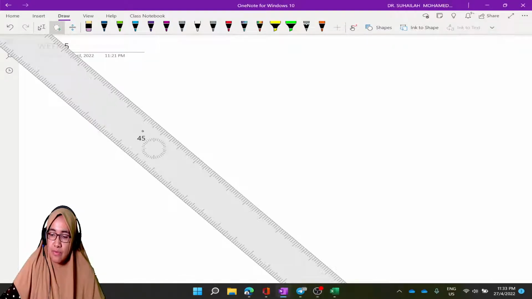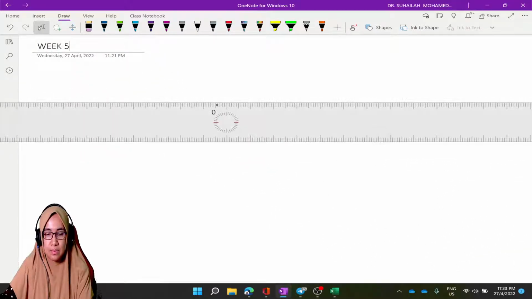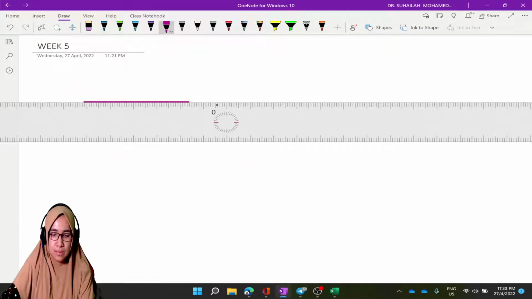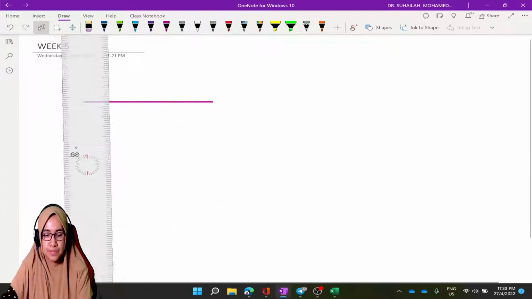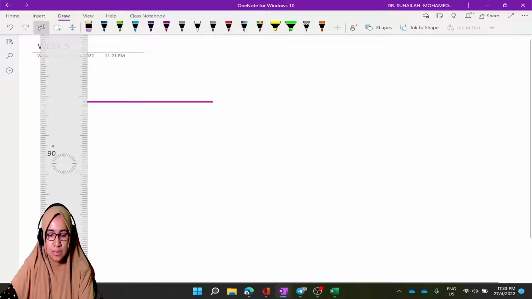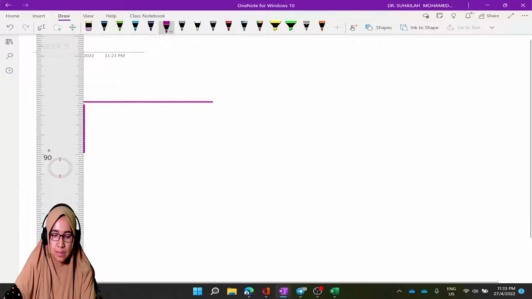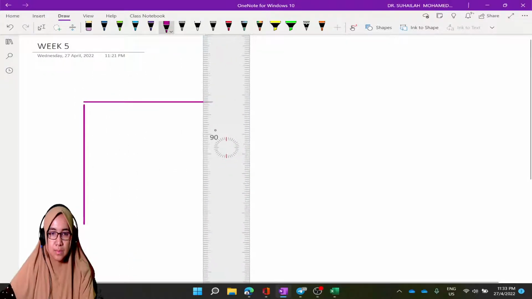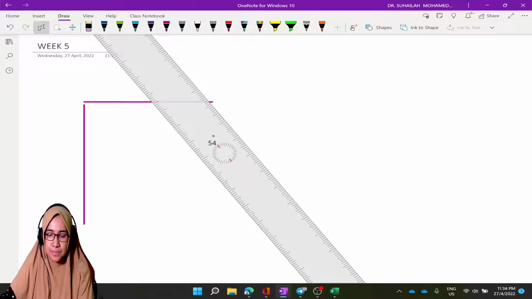Okay, let's say we have one frame like this, with one inclined column.